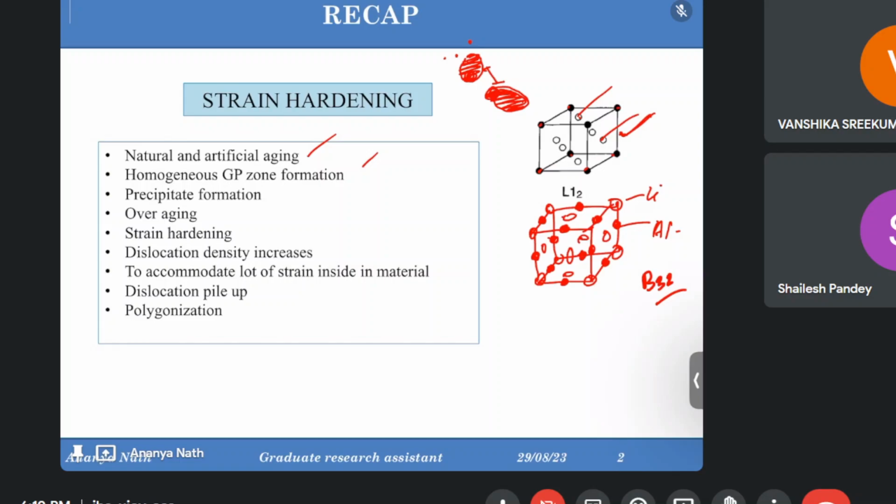This is why a new set of dislocations forms, to accommodate the strain. And as a lot of new dislocations have formed, the new dislocations and the old dislocations start interacting and interfering with each other, and as a result they restrict their own movement. So dislocation pile-up happens, polygonization happens.